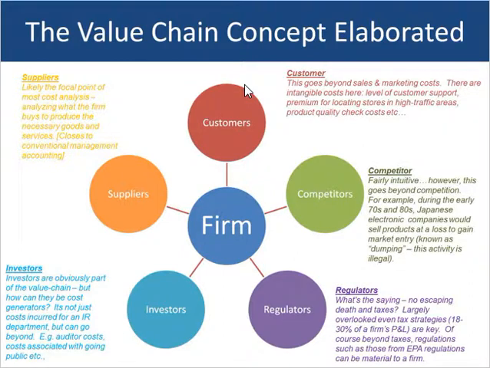Competitor is, again, fairly intuitive. This is going back to the notion of what you can do, or the cost that you would incur, to stem off competition. So there is conventional stuff, but beyond that, some of the negative tactics, if you will, that people have engaged in in the past. An example is Japanese electronic firms dumping products.